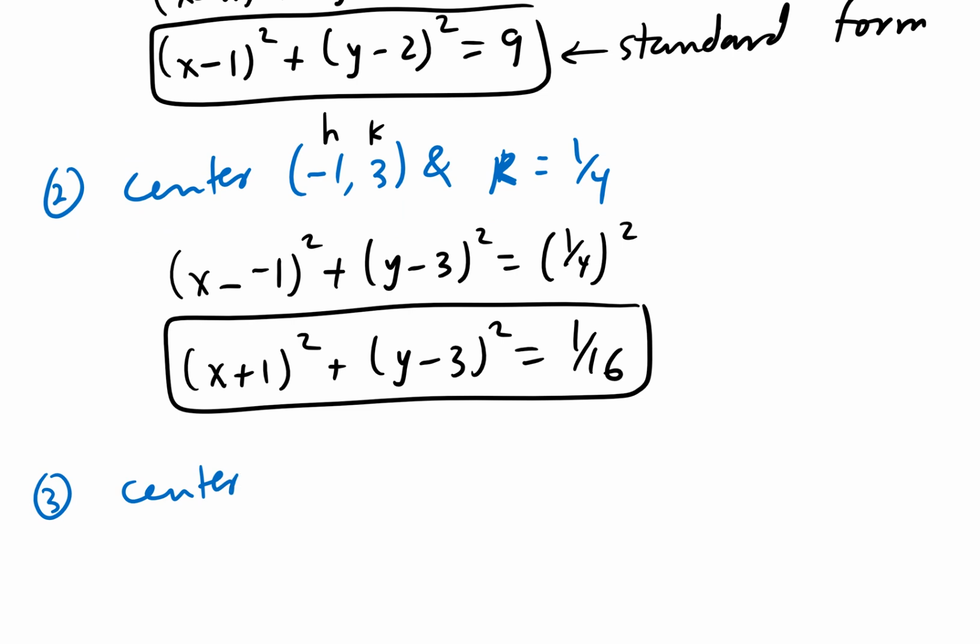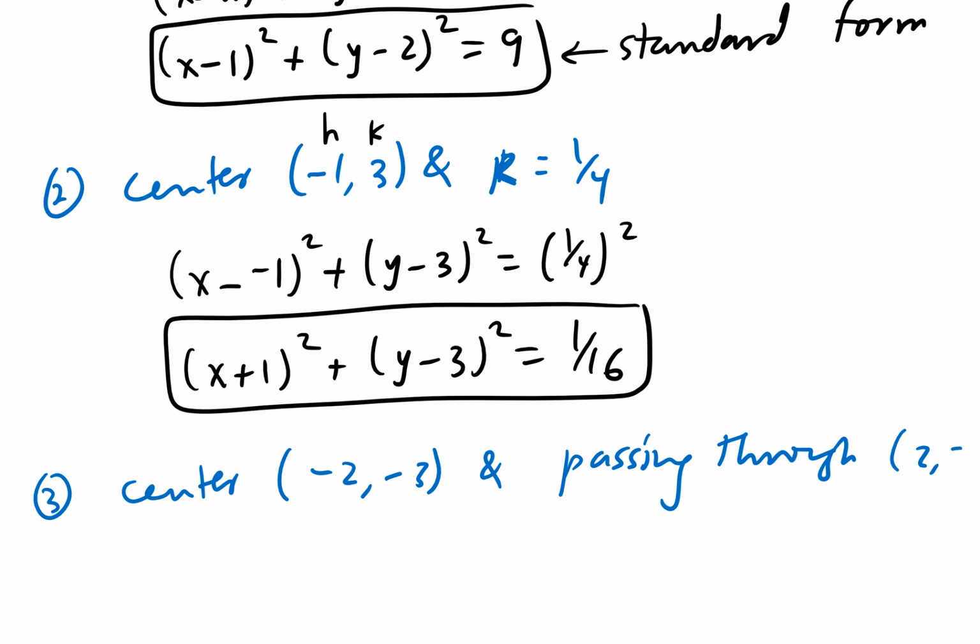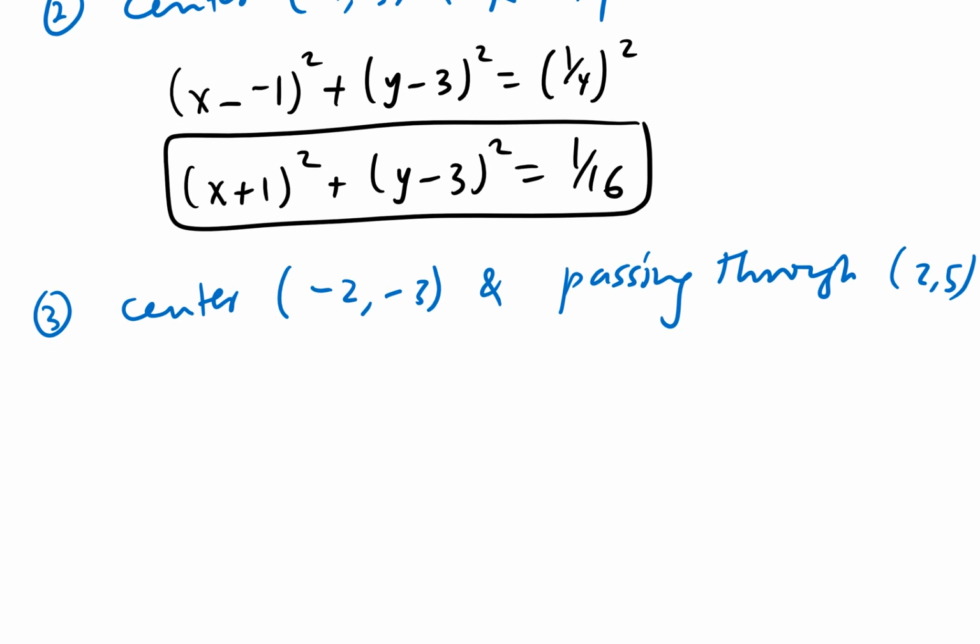Let's take center (-2, -3), and the circle passes through (2, 5). Again, we need to find the equation of the circle.